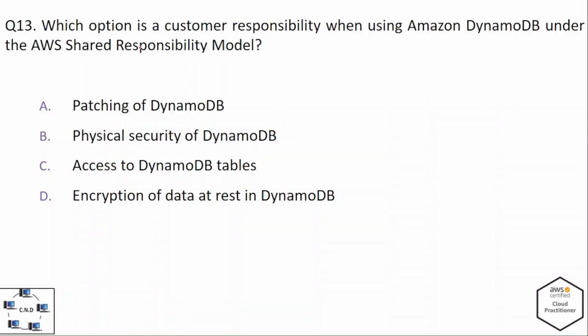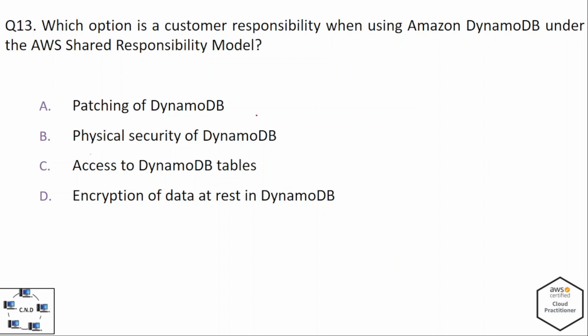Question number 13 is that which option is a customer responsibility when using Amazon DynamoDB under the AWS shared responsibility model? And the options are A. Patching of DynamoDB, B. Physical security of DynamoDB, C. Access to DynamoDB tables, and D. Encryption of data at rest in DynamoDB.